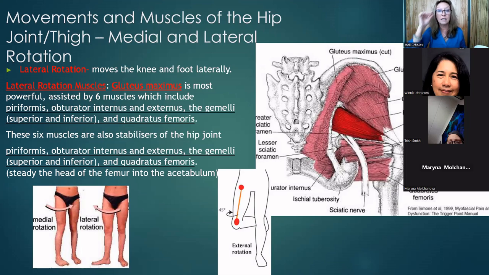And of course, ask for informed consent. If you notice that your client is feeling uncomfortable with that, then don't do it. Ask, is it okay if I work in this area? Low back pain, big contributor are the glute maximus, medius, minimus, piriformis, and all of these lateral rotators. Just saying.